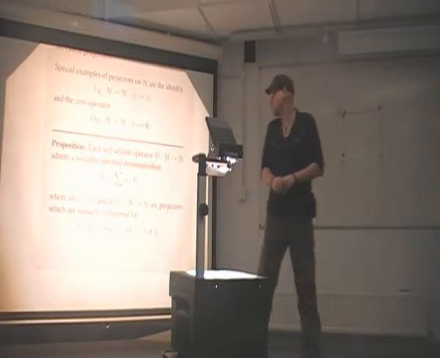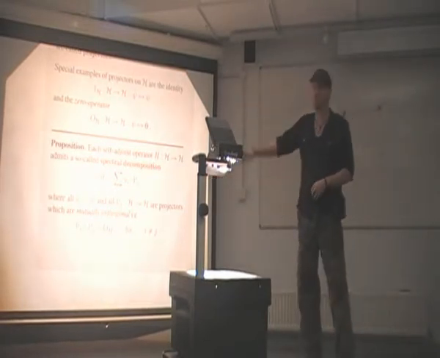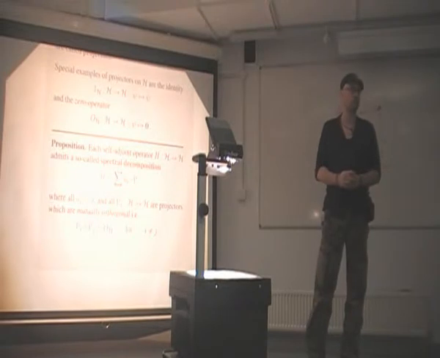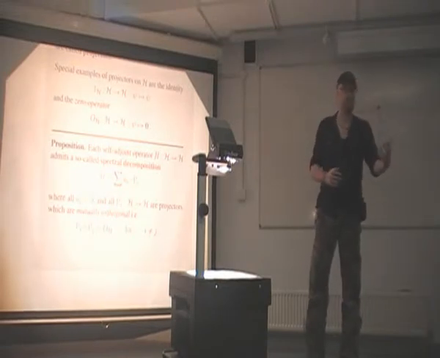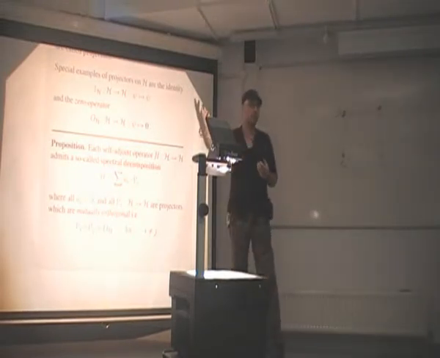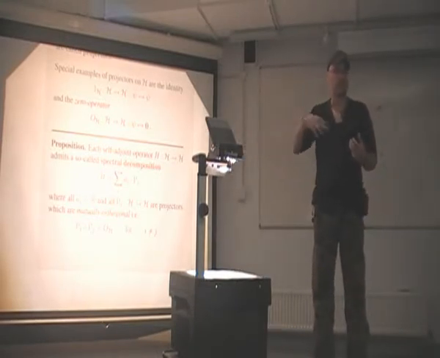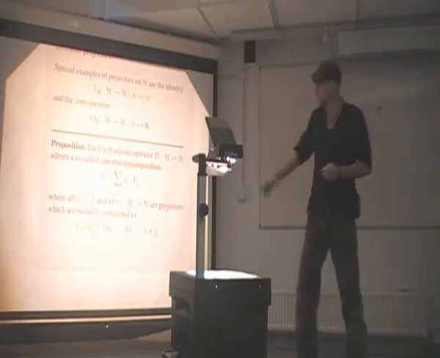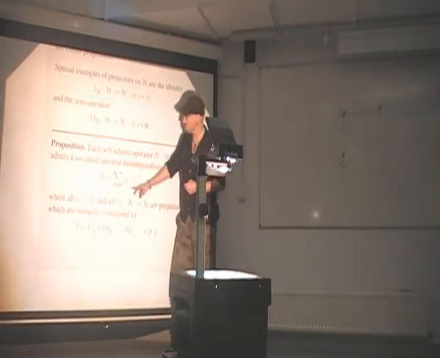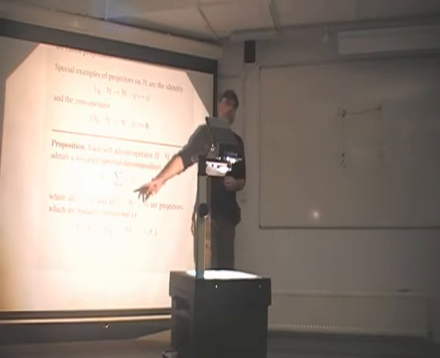That's the spectral decomposition. All these projectors are mutually orthogonal. So saying self-adjoint operator is the same thing as giving me a family of mutually orthogonal projectors and a corresponding list of numbers, such that if you make this sum, you find the self-adjoint operator.